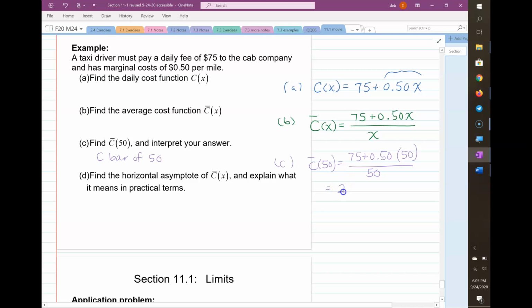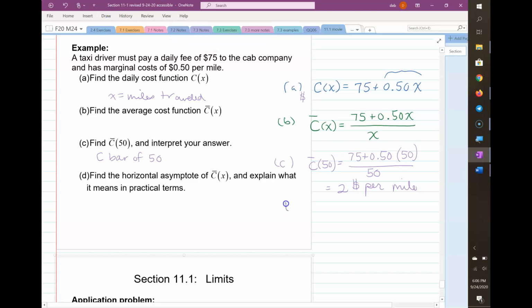And I'm getting 2. Well, the average cost, let's see, cost was in dollars and x is miles traveled. So this is going to be in dollars per mile. Whenever you divide by something, the units become per the units of what you have divided by. So it's $2 per mile. Then it says interpret your answer.